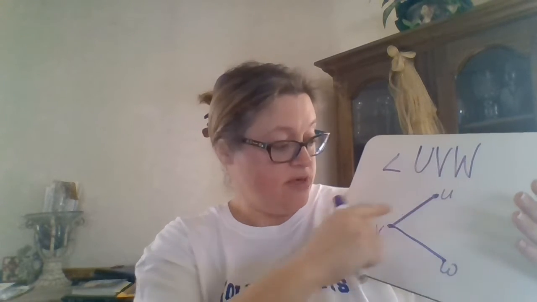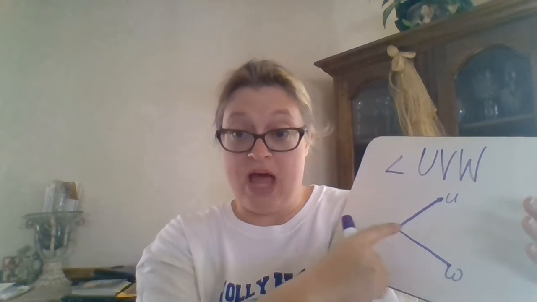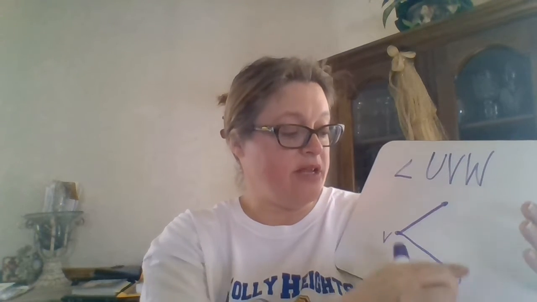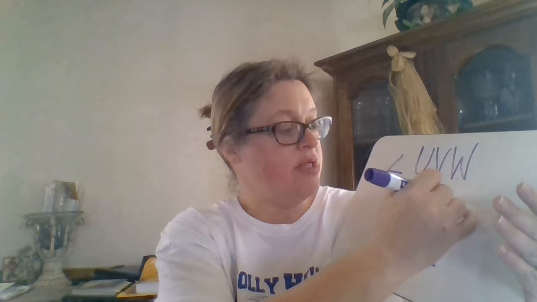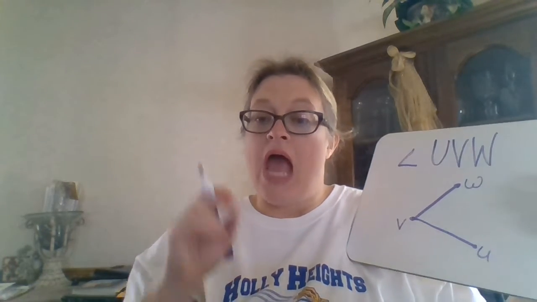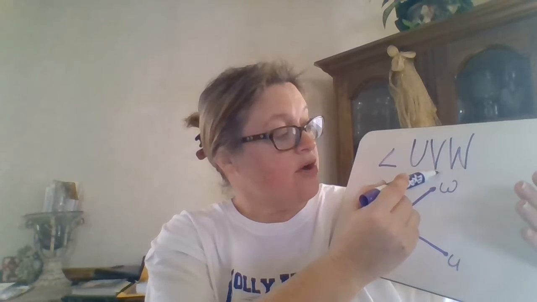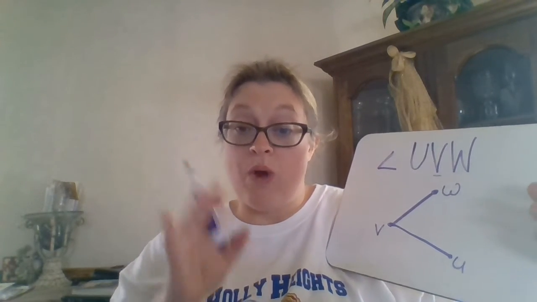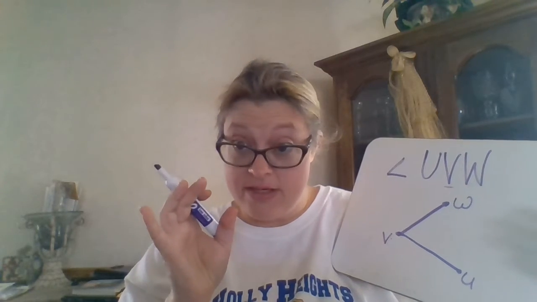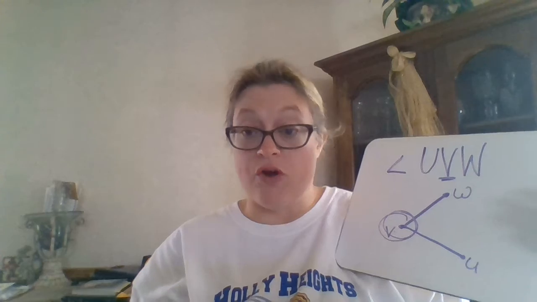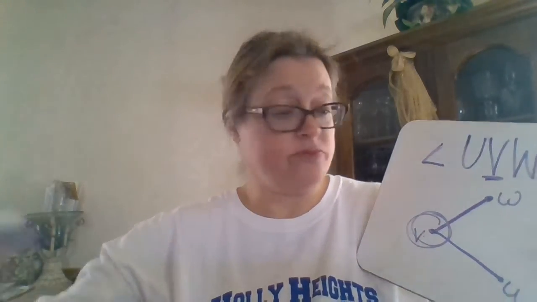The 3 points are the two line segment points that come together, plus the vertex. Or I can even switch these two around and put WVU, as long as the letter that is in the middle of your angle is the point where your two line segments meet. Okay, this will always be your vertex, the middle letter.